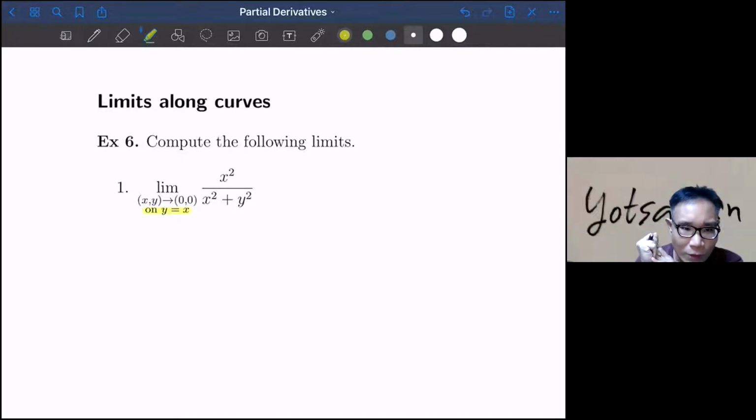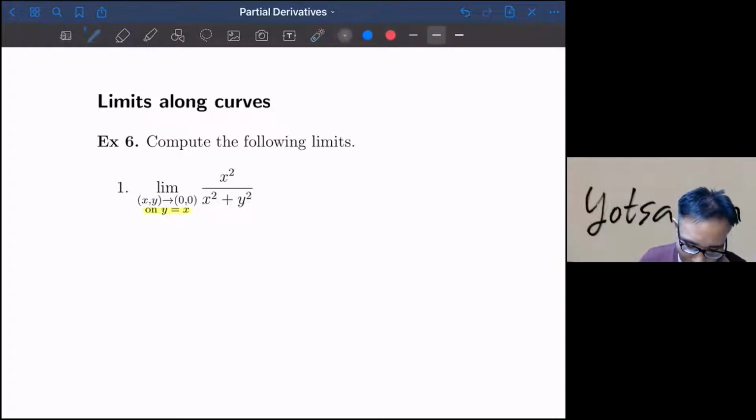So if we'd like to find the limit as x, y go to 0, 0, you may think that, hey, it's going to be 0 over 0 again, and we cannot simplify anything much further because we are not able to factor this guy, right? However, this one is about the limit along the curve. The way to solve this one is, you're going to put y equal to x in terms of y.